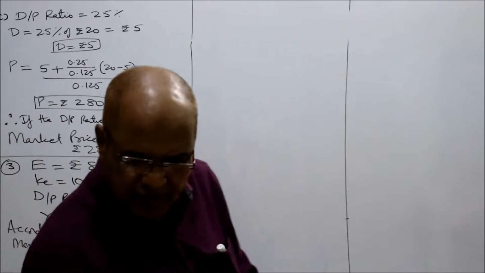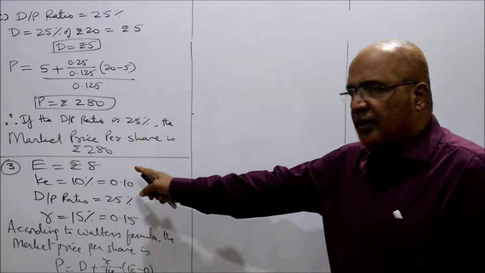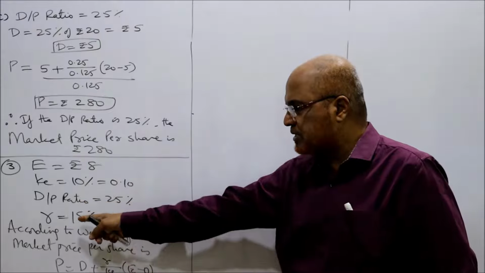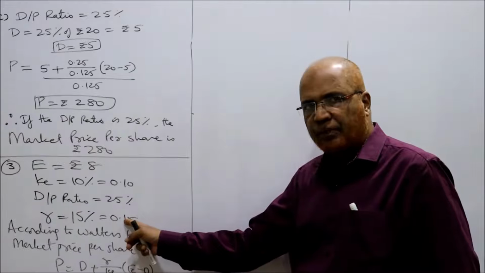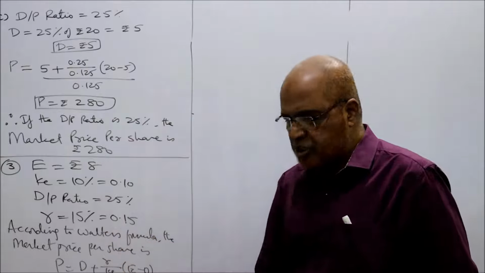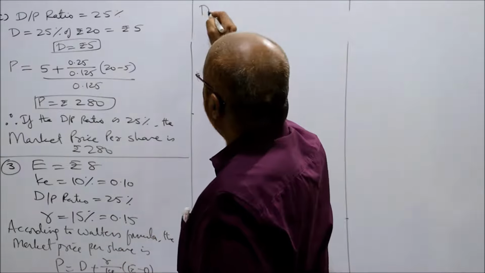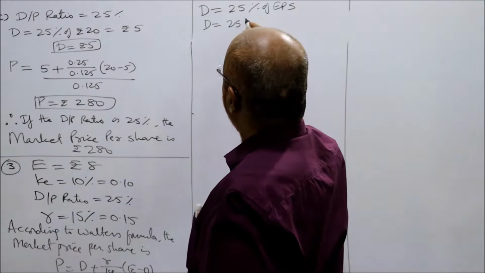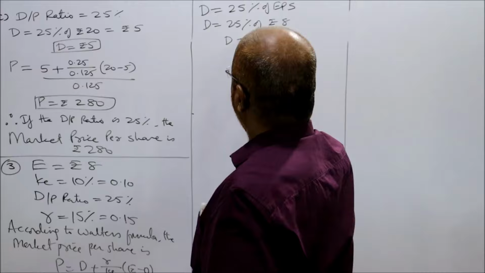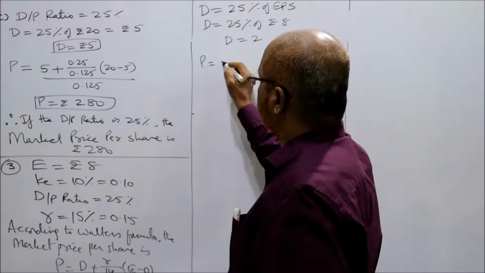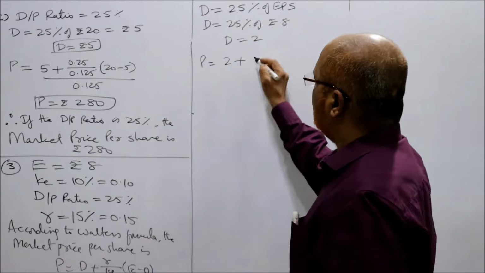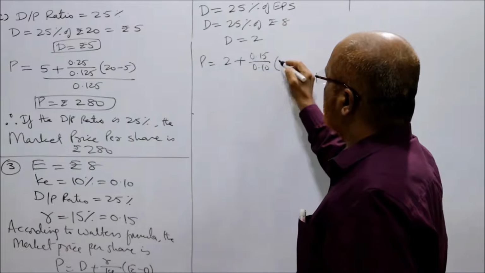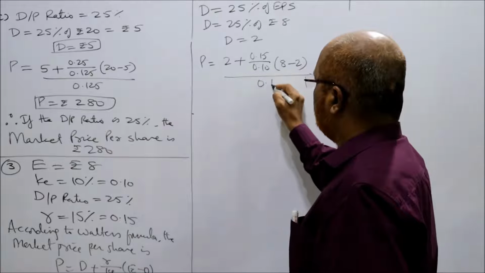This is the complete information given in the problem. E is equal to 8 rupees, earning per share. Cost of capital 10%. DP ratio 25%. R, internal rate of return, 15%. According to Walter's formula, the price per share is: D is equal to 25% of EPS, which is 2 rupees. 2 plus (R is 0.15, KE is 0.10) (E, earnings per share, is 8 minus 2) divided by 0.12.